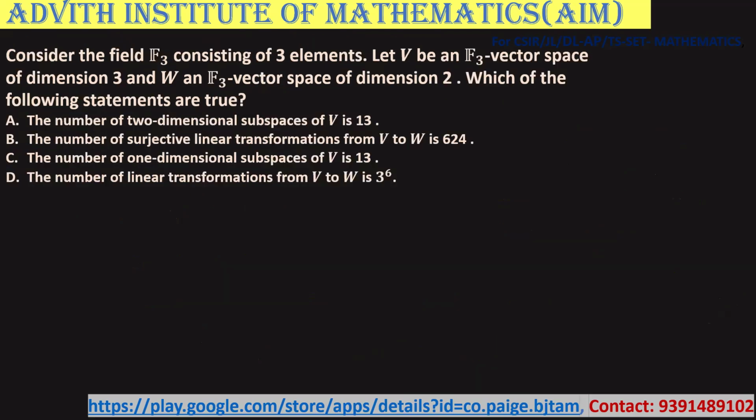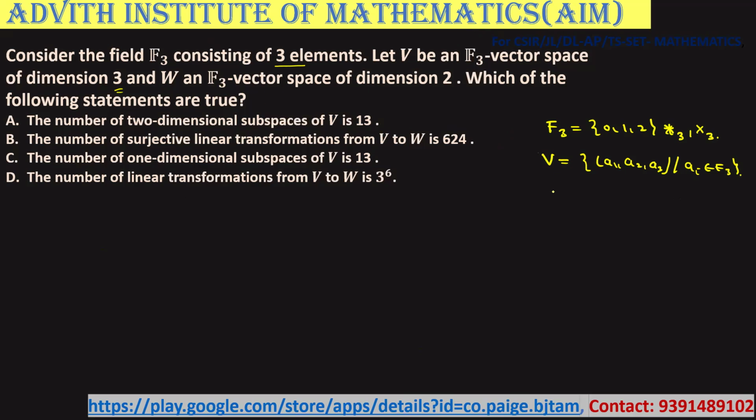Next one. Consider the field F3 consisting of 3 elements. What does F3 mean? Field of 3 elements 0, 1, 2, which is a field with respect to addition modulo 3 and multiplication modulo 3. This is F3, and V is the F3 vector space of dimension 3. So what is V? V is the set of all ordered triples A1, A2, A3 such that these Ai belong to F3.